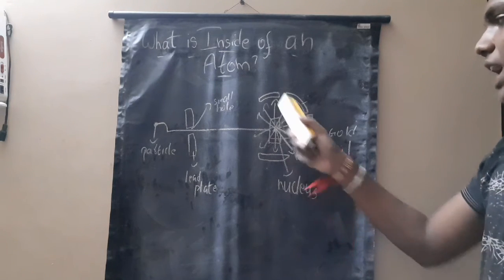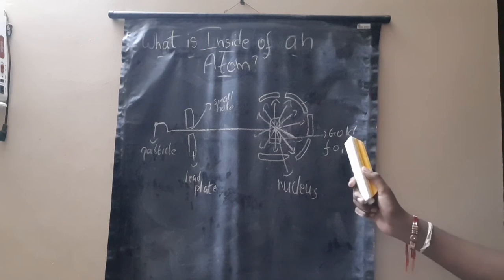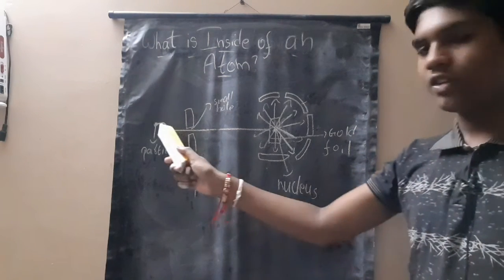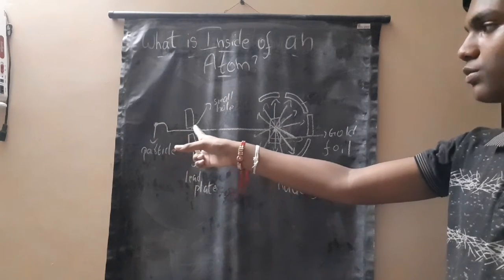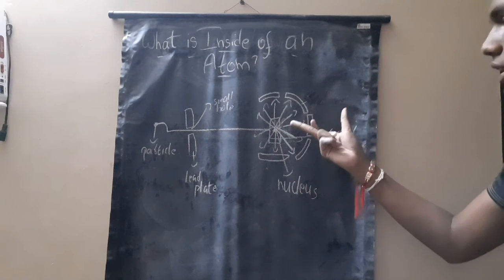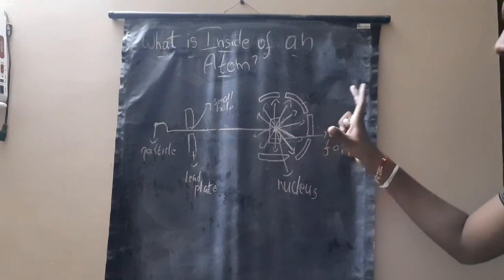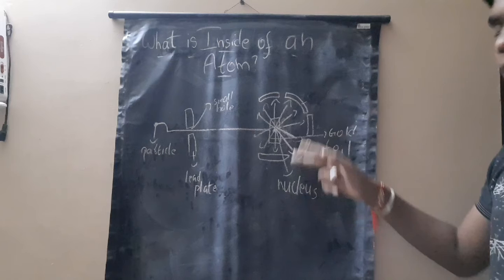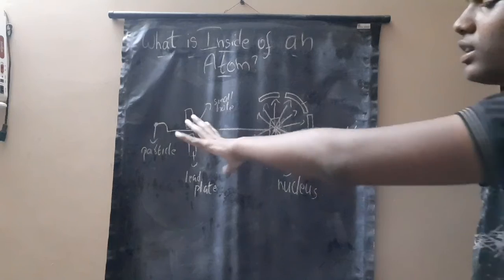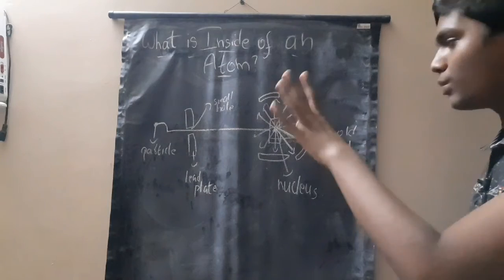We are observing here that they scatter in different directions. So one particle came through a small hole, traveled to the gold foil and split into different rays.